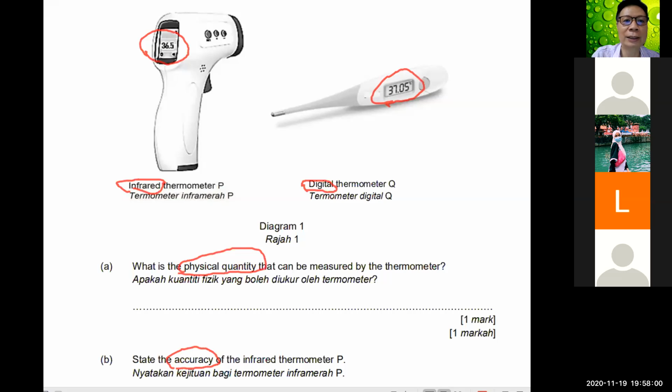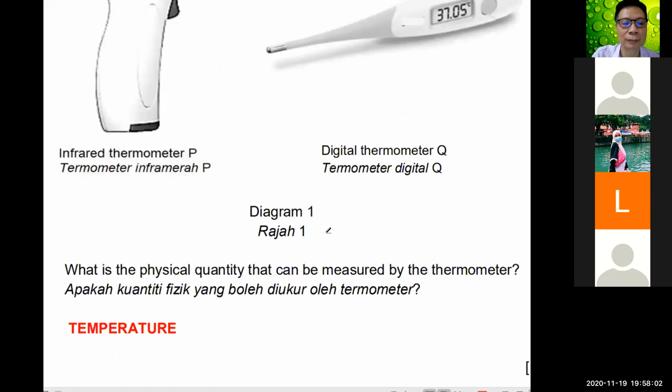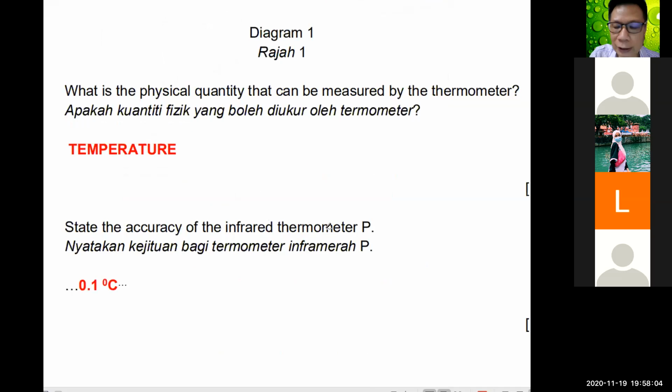That's why the answer is 0.1 degrees Celsius. Please make a note.